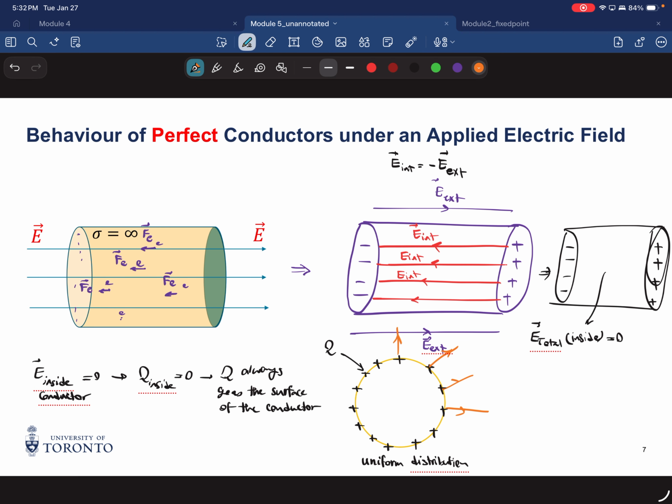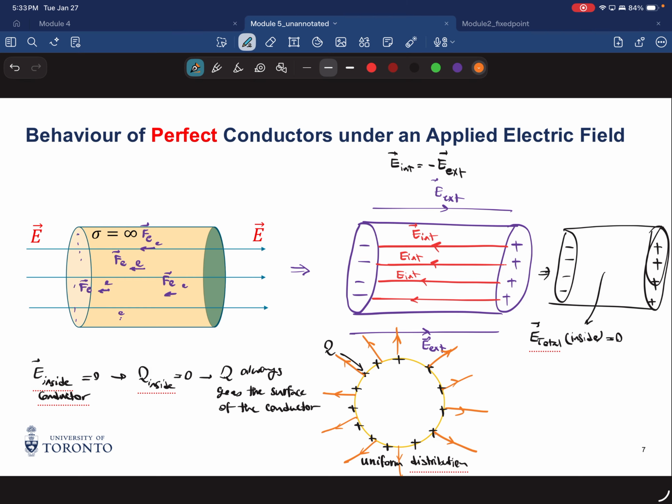That's the second thing we know, that conductors are equipotential and the electric field is perpendicular to their surface. Let's just say that I drew this uniformly. So the electric field is going out uniformly. The charges are distributed uniformly.